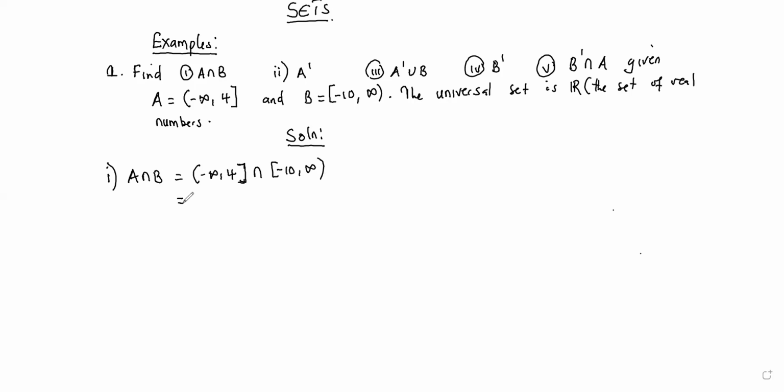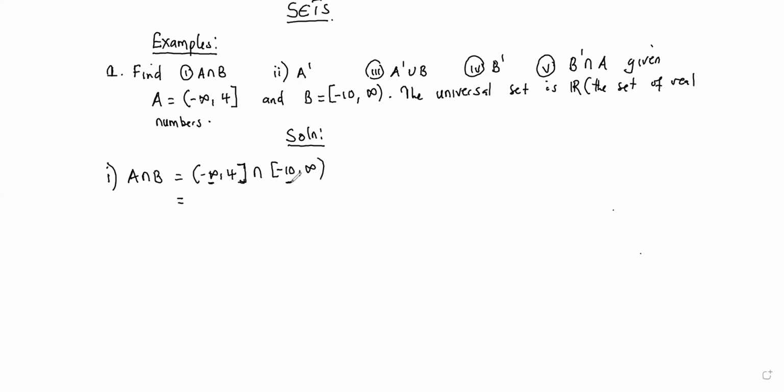The first thing is that for the left ends, negative infinite or negative 10, we need to pick the number that is bigger than the other. So negative infinite is way below negative 10.